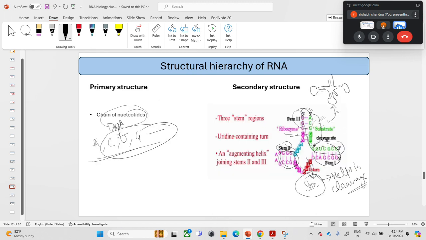If the complementary bases would not be there, then these stems will not be formed. This leads to formation of an active site kind of structure that is functional in nature and catalyzes the cleavage of the RNA molecule from the parent one.